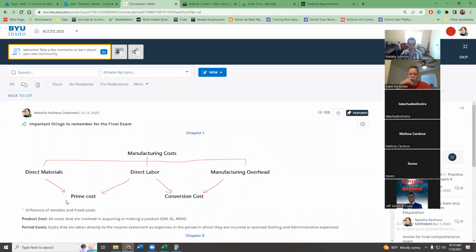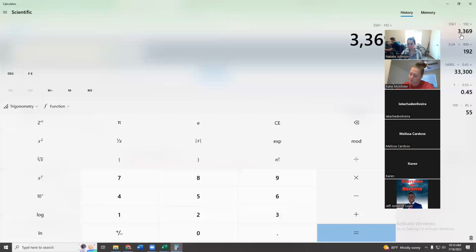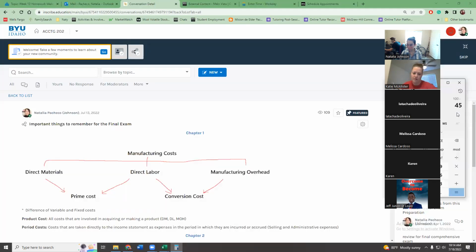Prime cost is direct labor and direct materials. They're giving you direct labor and saying it is 45% of prime cost, so the other 55% is direct materials, but they're asking for manufacturing overhead.